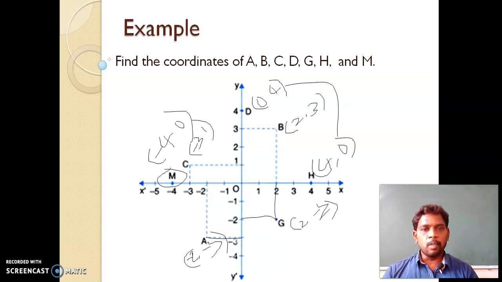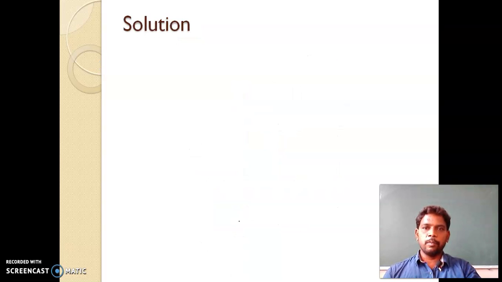If the point lies on the x-axis, then the value of y is 0. If the point lies on the y-axis, the value of x will be 0, right? So that is the concept. And similarly that middle point is nothing but 0 comma 0, okay? So that is the procedure to find out the coordinates of a particular point in the coordinate plane, right? So let us go to the next example.